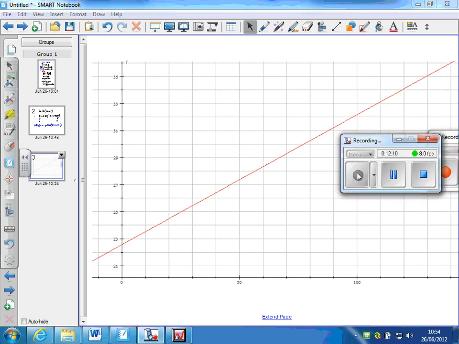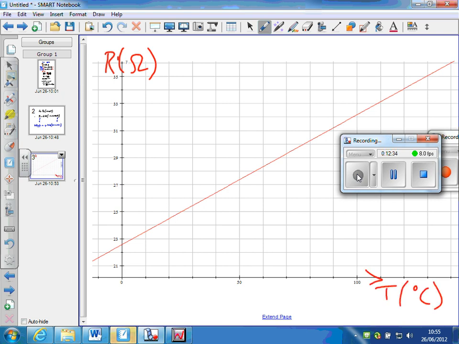Okay, so there's the function. Here we have resistance we're plotting in ohms, against temperature in degrees centigrade.